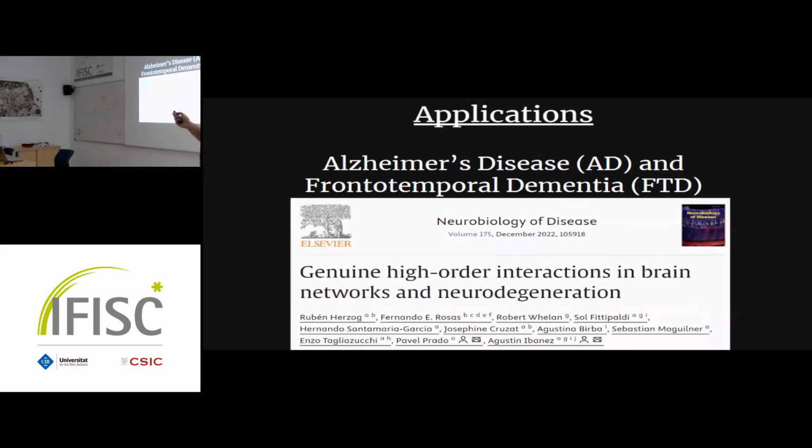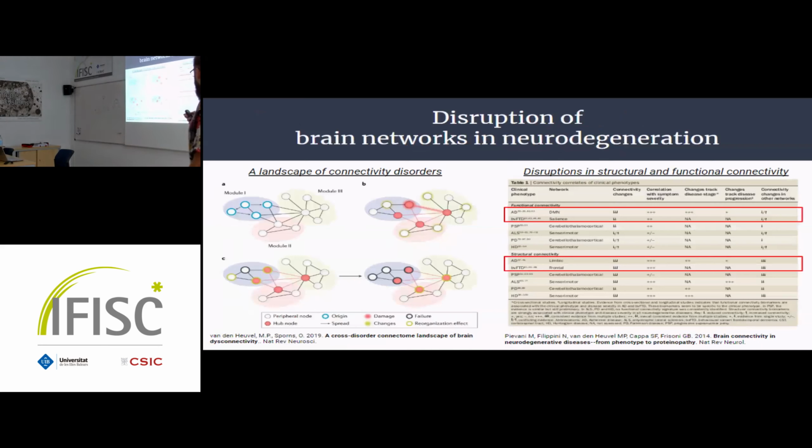Okay, here another application. This is a work that I did during my first postdoc, analyzing data from Alzheimer's and frontotemporal dementia. These are two different neurodegenerative diseases. In this case, the proposal is that there is some kind of landscape of the connectivity disorders that will impact brain networks in different neurodegenerative diseases. One idea, for example, is that you have just a local propagation of some protein, could be, or some molecule that will impact the health of the brain regions.